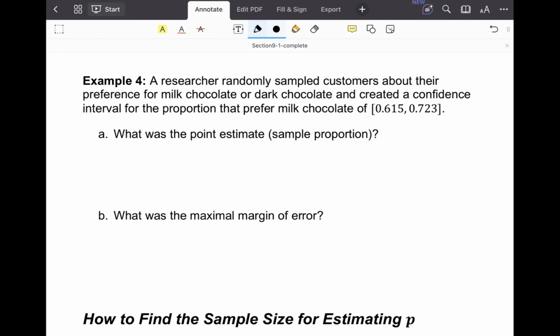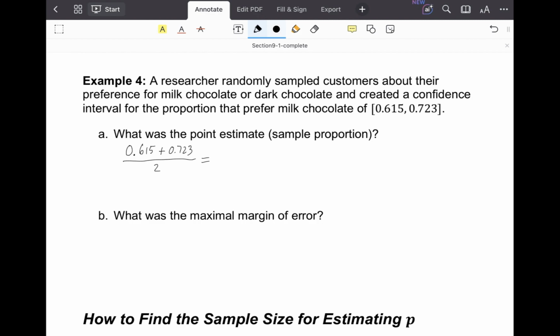Now you really have to think about how the confidence interval is constructed. This is our lower limit, this is our upper limit. Right in the middle of those two values will be our point estimate, and for the proportion, our point estimate is the sample proportion. So you want to find the halfway point between the two. And in order to do that, you add them together and divide by 2.